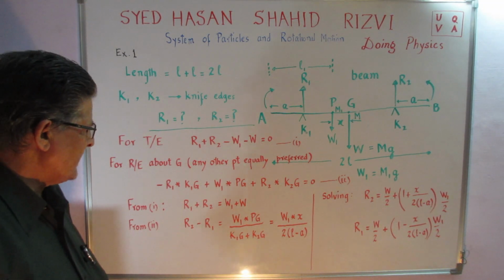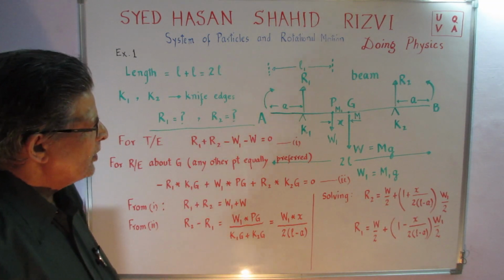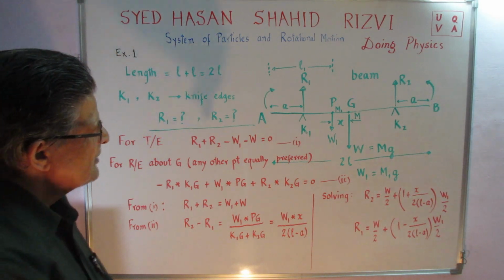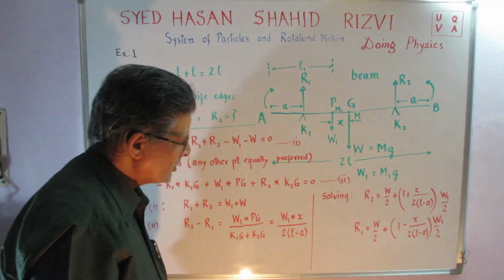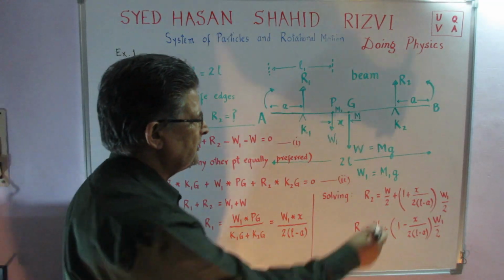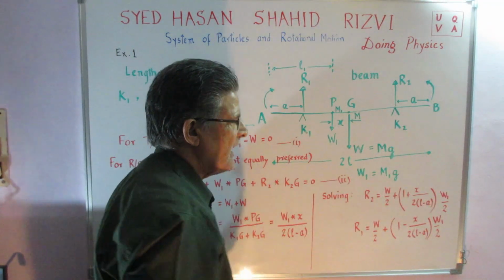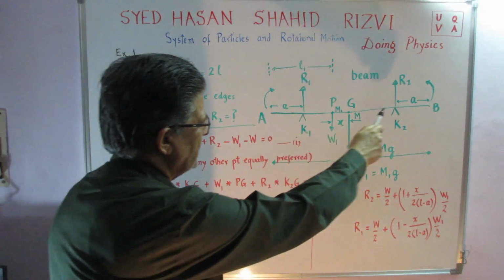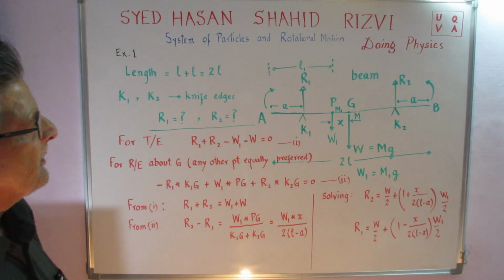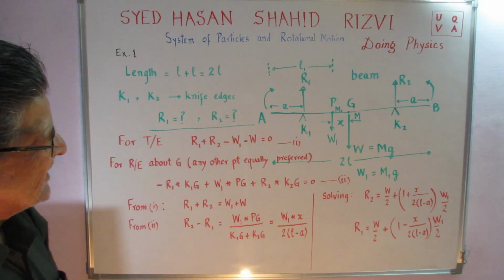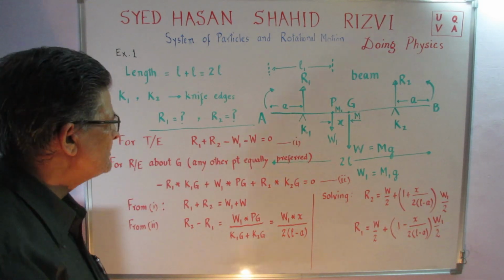So what I write then is, now the sense is, for R1 the sense is like this, it is clockwise. For R2 it is like this, it is anti-clockwise. This has been shown over here for the solution after we make this sketch diagram.